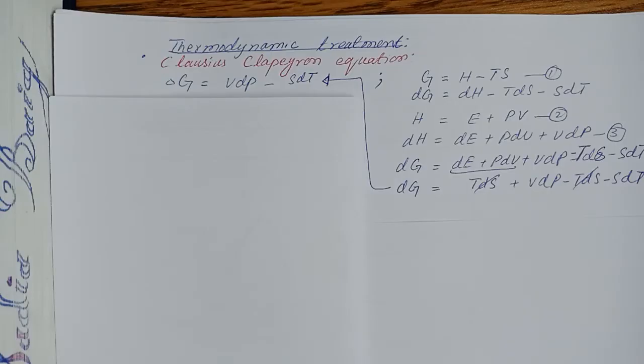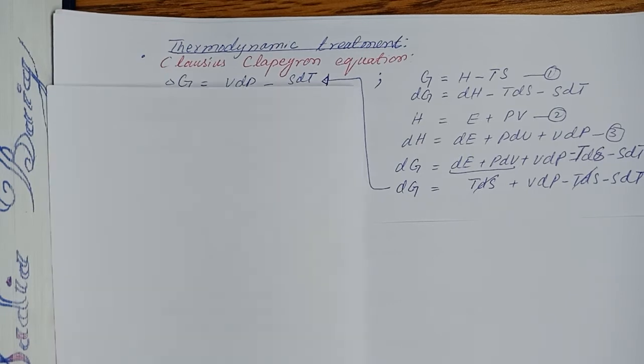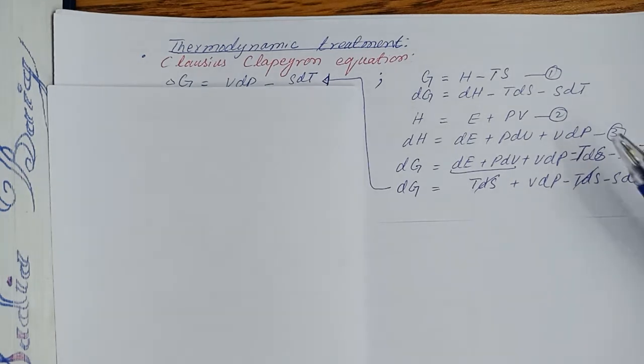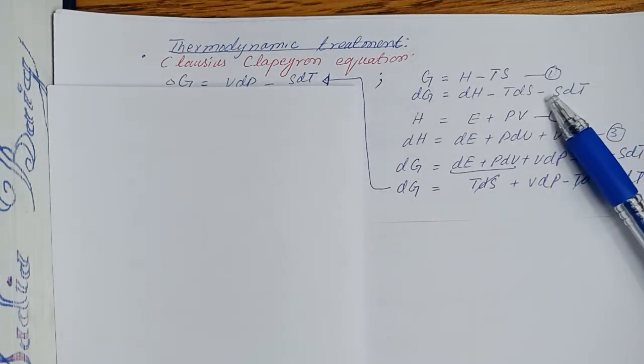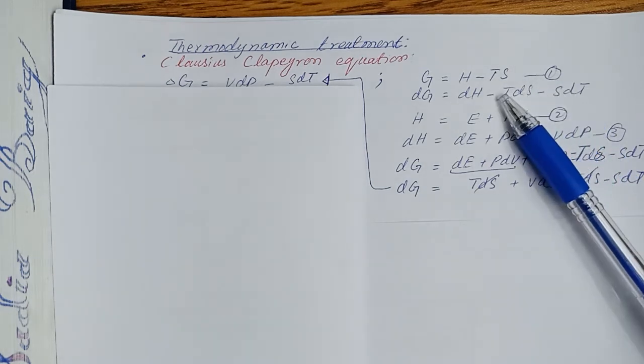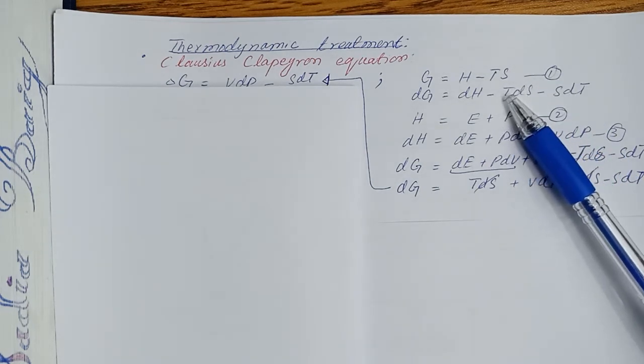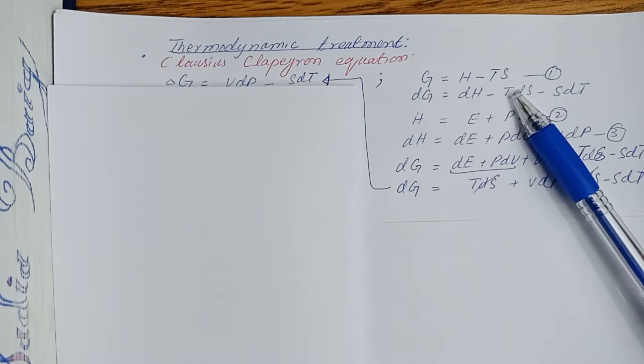The Gibbs free energy is given by the Gibbs free energy equation, that is equation number 1. That is expressed in terms of the enthalpy of the system and the term TS, where T is the temperature and S is the entropy of the system.